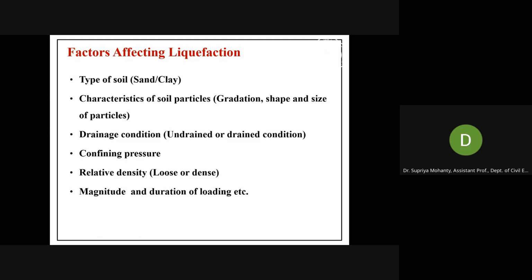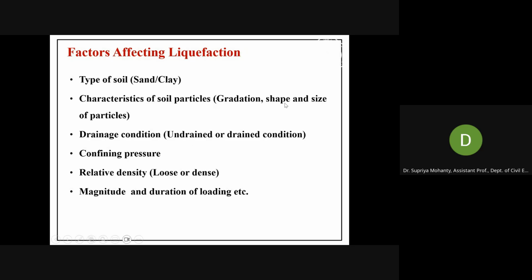But in poorly graded soil, most of the particles are of rounded or uniform shape, so there will be less particle to particle contact. With less contact, as pore pressure rises there will be loss of grain to grain contact. So poorly graded or uniformly graded soils are more prone to liquefaction.